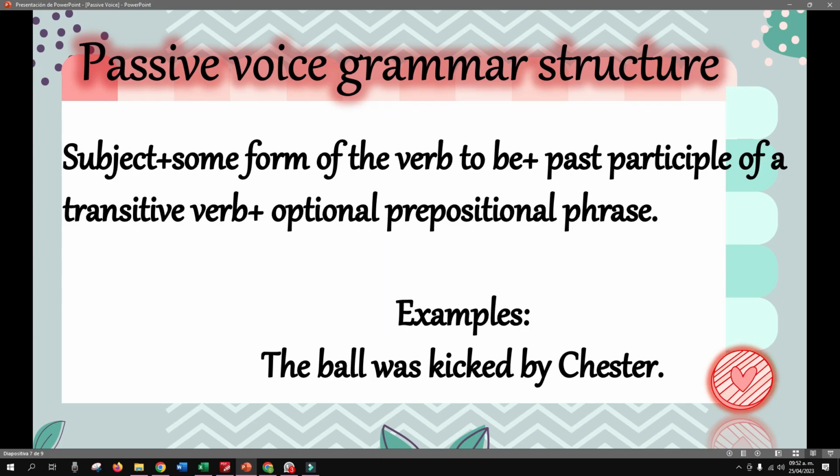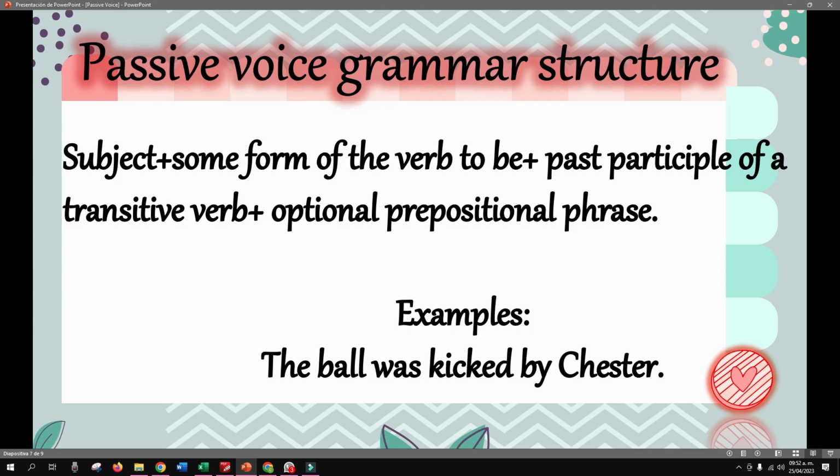There you have the ball, the object first, then the conjugated form of the verb be, then the past participle of the main verb that is kicked, right? By who? By Chester. And that's a prepositional phrase that tells you who performed the action. Who did it? Chester, right?